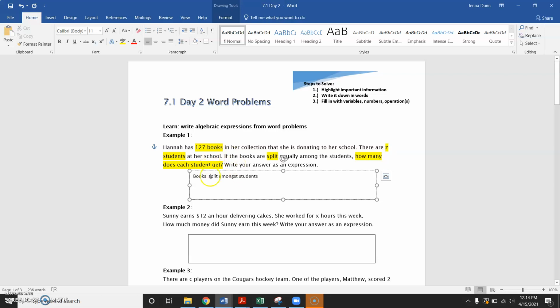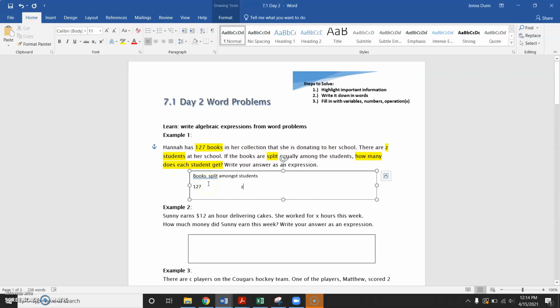Okay, that's the gist of what's happening. Then we're going to fill in what we know about that. Well, what do we know? How many books are there? There are 127 books. Okay, it says amongst students. We know there are Z students. So underneath students, I'm going to put a Z.